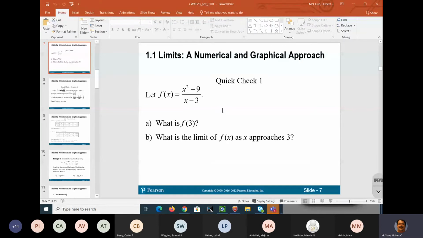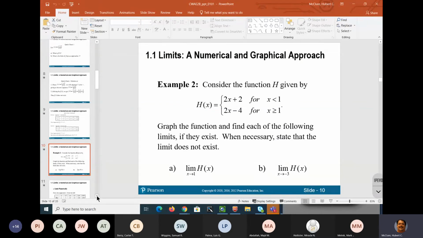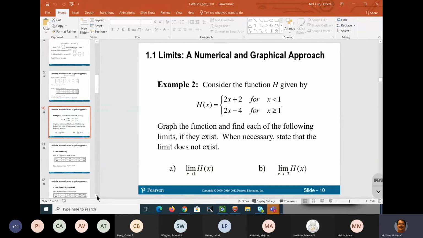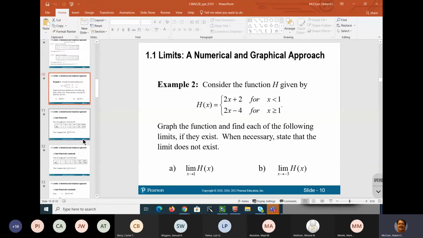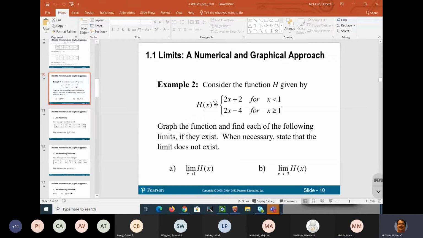Let's look on down and see what else they show. Really, I don't get into those. They just ask you, what are you approaching? If you are 2x plus 2 and x is less than 1, then you're going to plug in like 0.99999 into that.